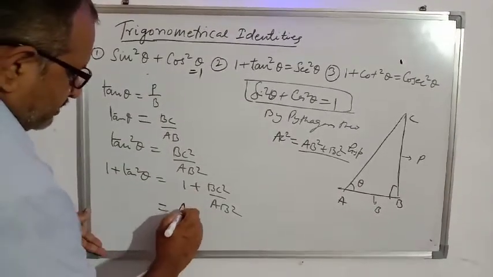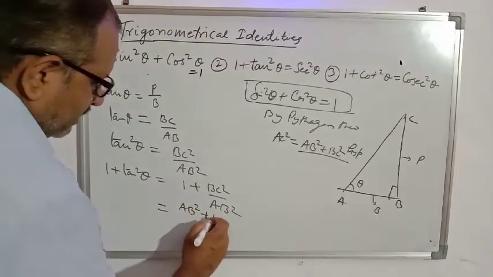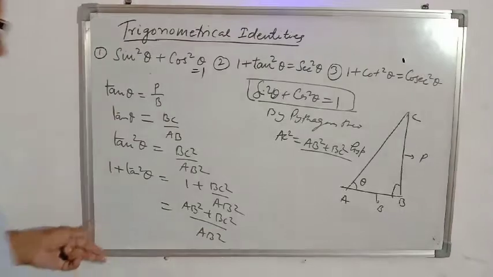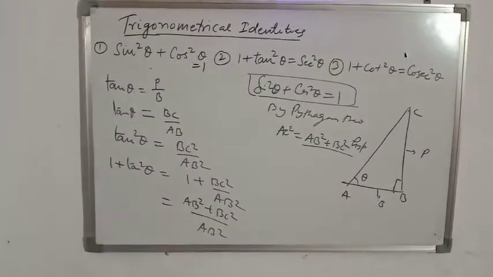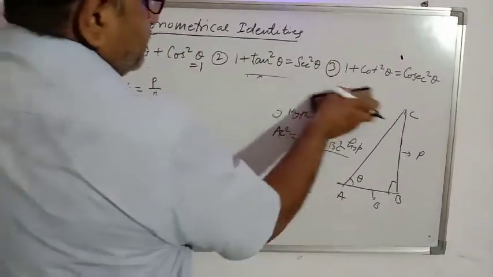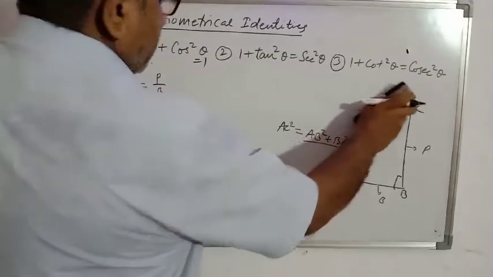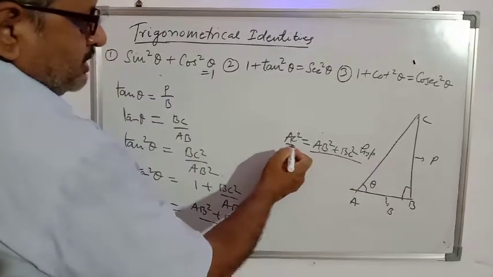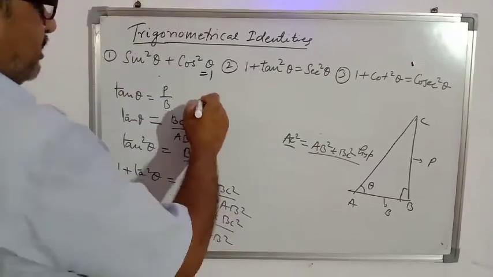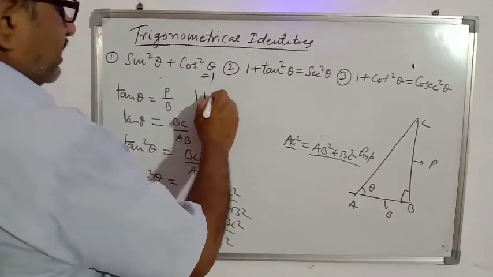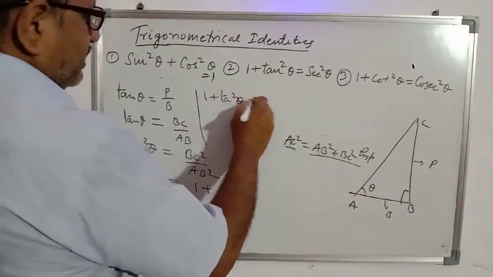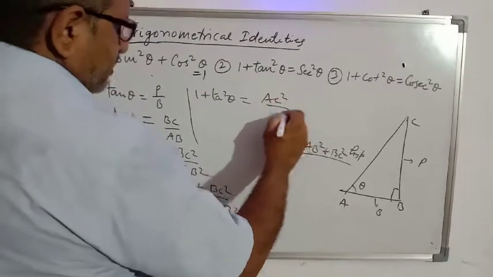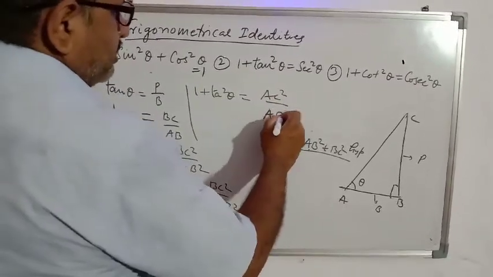AB square into 1, so AB square plus BC square upon AB square. AB square plus BC square is equal to AC square by Pythagoras theorem. So we can write 1 plus tan square theta is equal to AC square upon AB square.